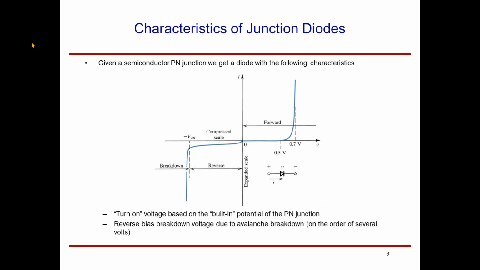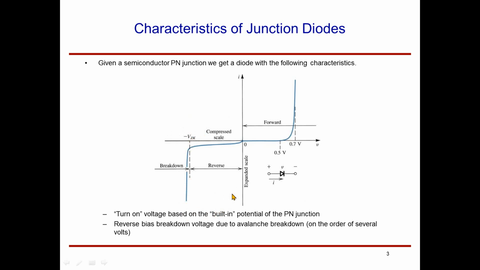Characteristics of junction diodes. The PN junction diode can operate under the forward bias condition. After the cut-in voltage, the current will start to increase rapidly, but under the reverse biasing condition, after a particular voltage, that is after attaining the breakdown condition, there will be a sharp increase in the current.